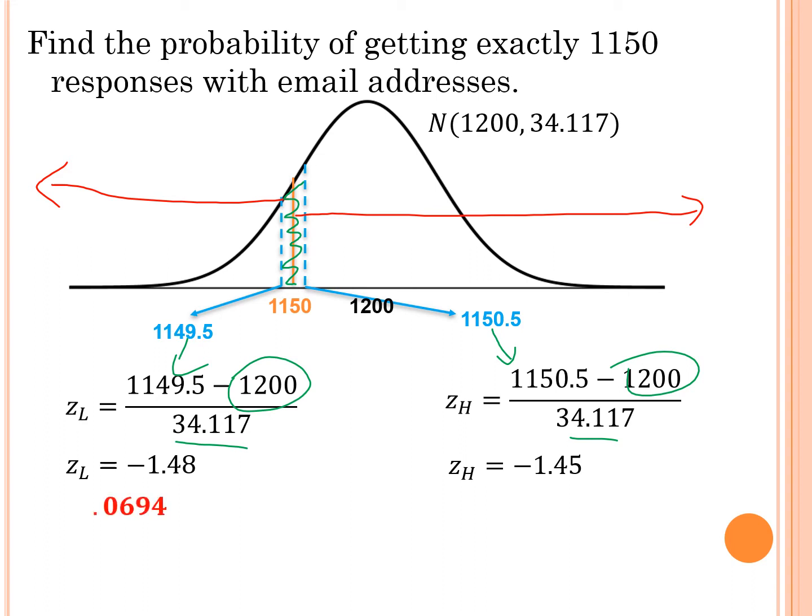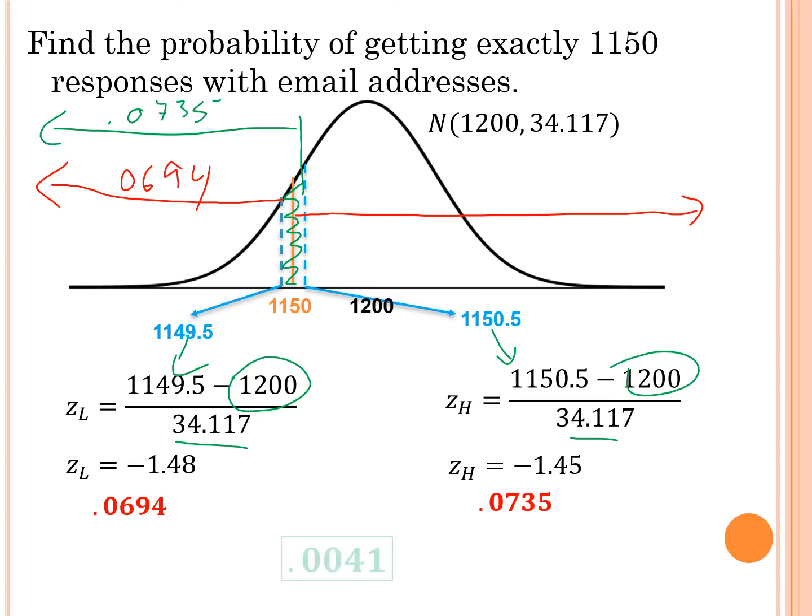So this one is 0.0694, and this next one is 0.0735. Obviously, if we want to find in between those, we're just going to subtract those 2 numbers, and we get a 0.41% chance that we end up with exactly 1,150 email addresses.